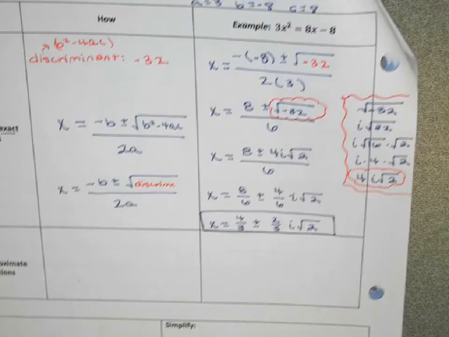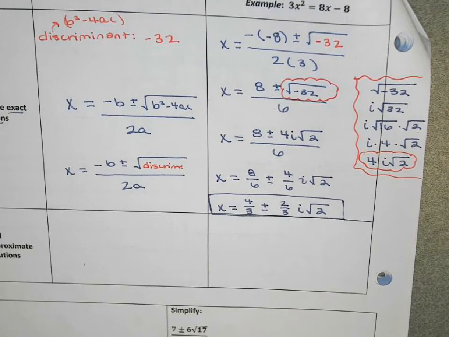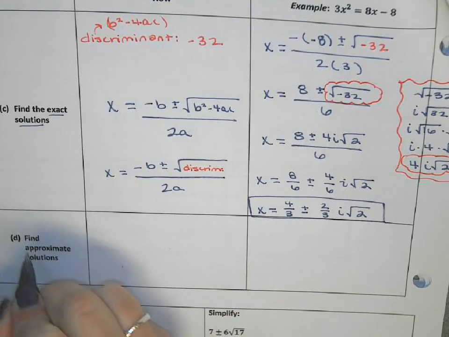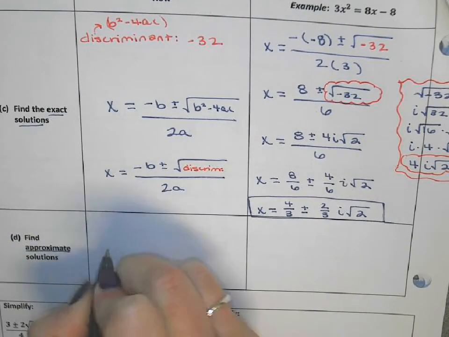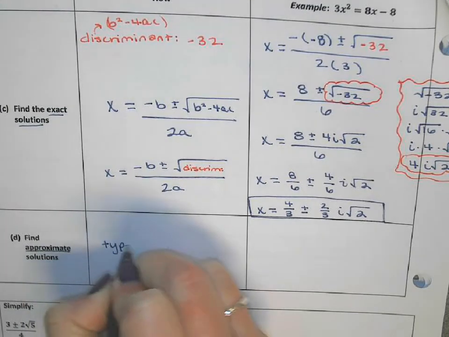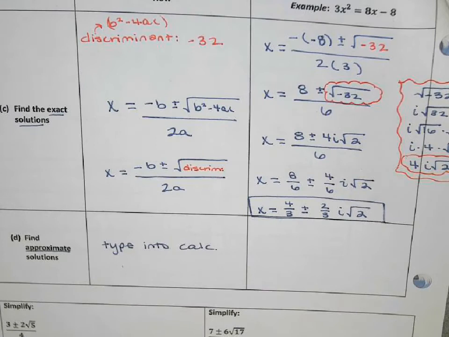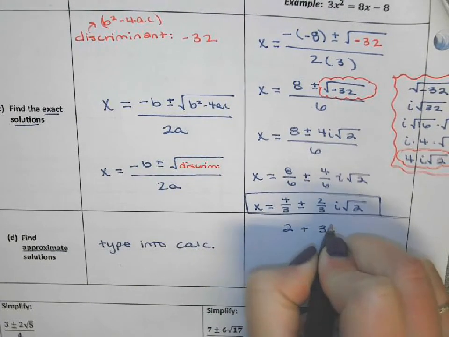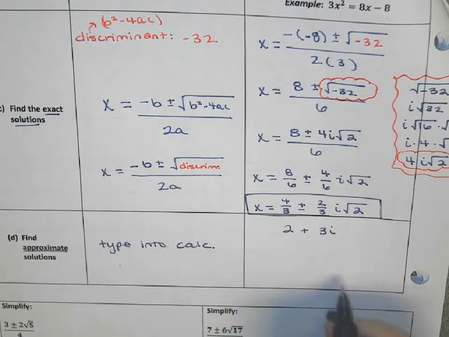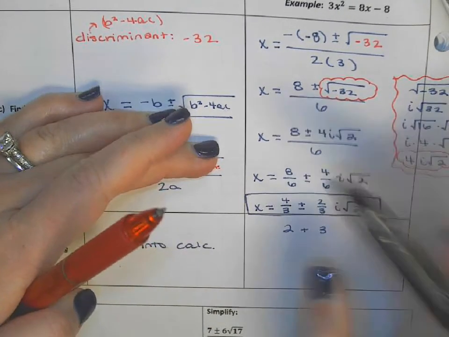Okay, our last one is to find the approximate solutions. So what we're going to do here is type it into a calculator. Now, wait a minute. If I had 2 plus i, and I'm just writing this down, you don't have to write this down. Can I combine those two terms? Can this be like 5 or 5i or something? No, it's no different than if this i was an x.